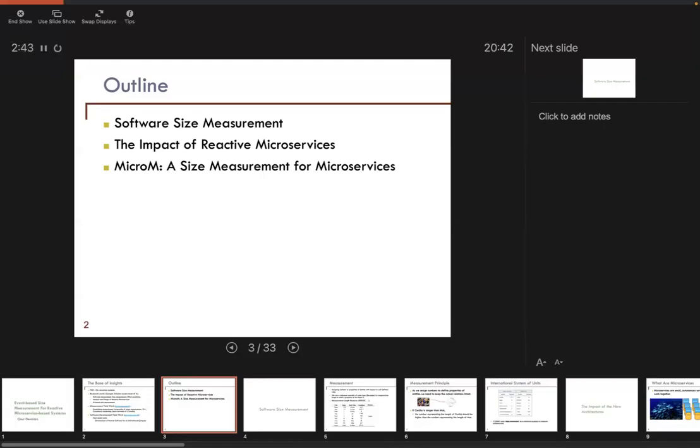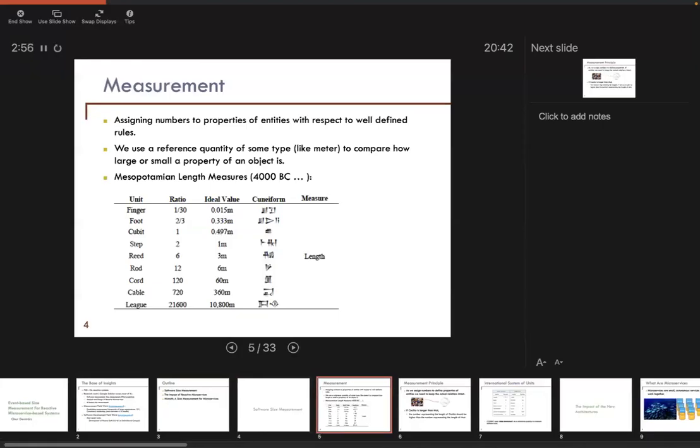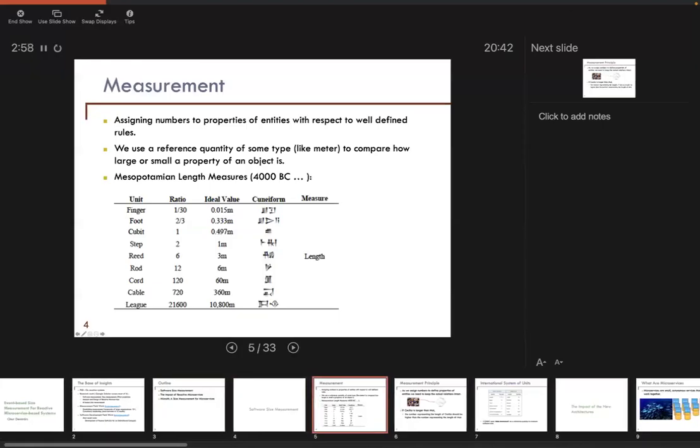And then I will be talking about a measurement approach we have developed recently, specifically targeting microservice-based systems.